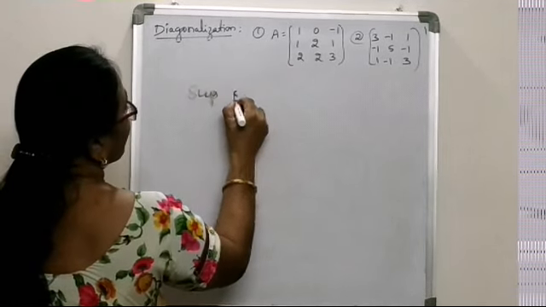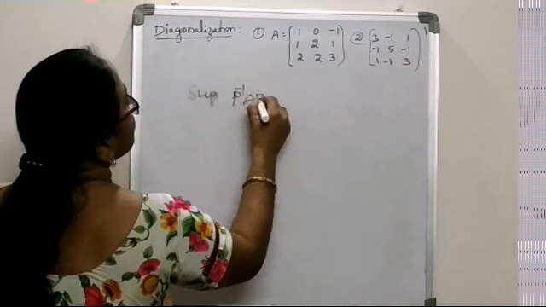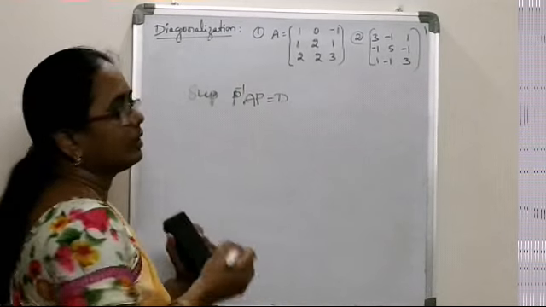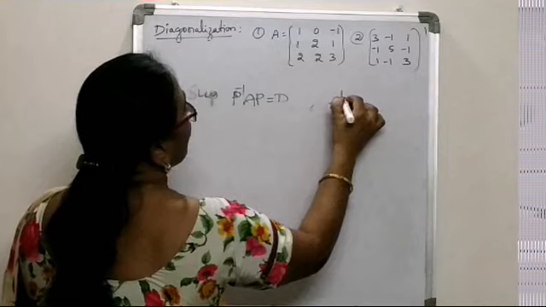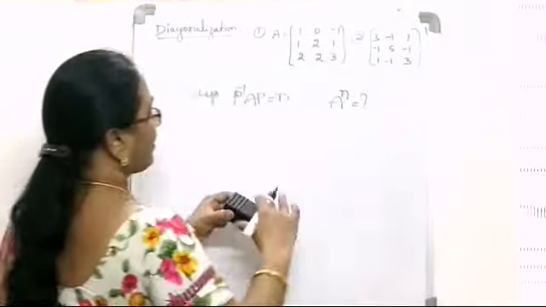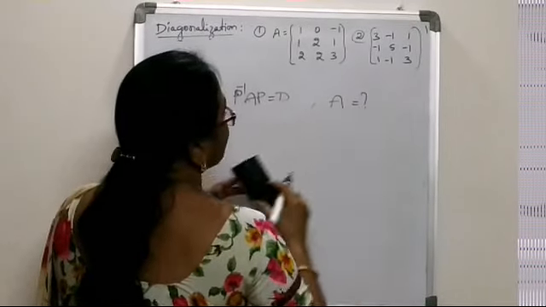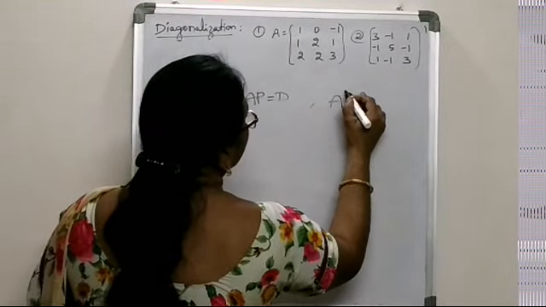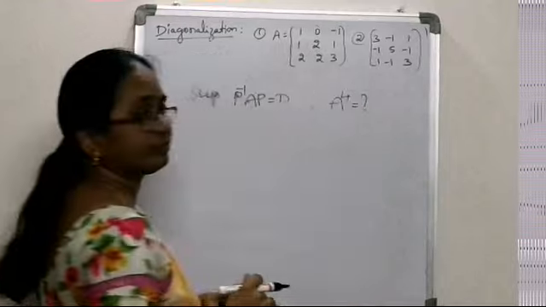Suppose the similarity transformation is P inverse A P equal to D, and we need to calculate A power n. For easier understanding, let us see how to calculate A power 4.